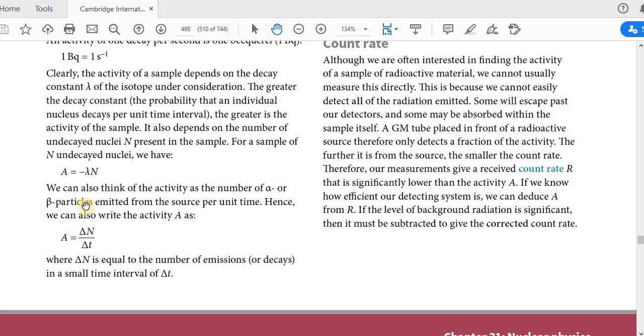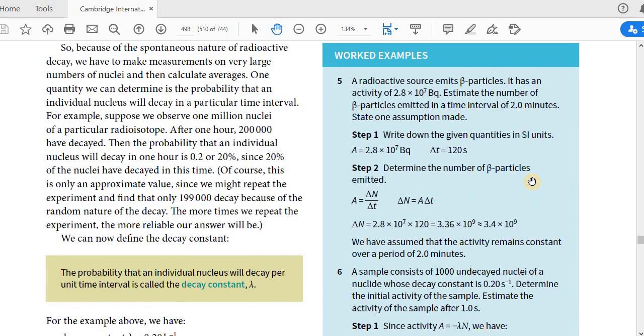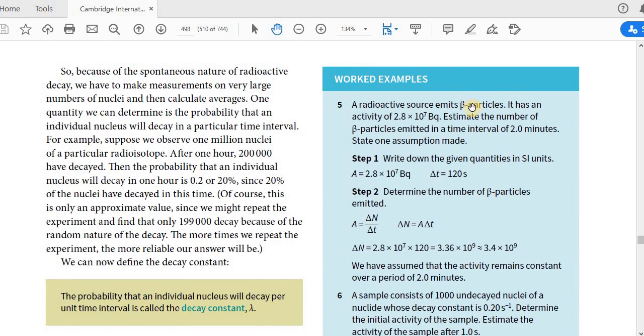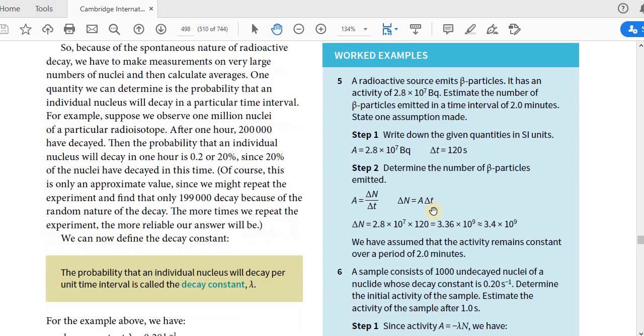Therefore this is the equation you are going to use, because in the other one you don't have the time quantity. So when you are given a question about activity, remember those two equations and figure out which to use. So now you can use that.